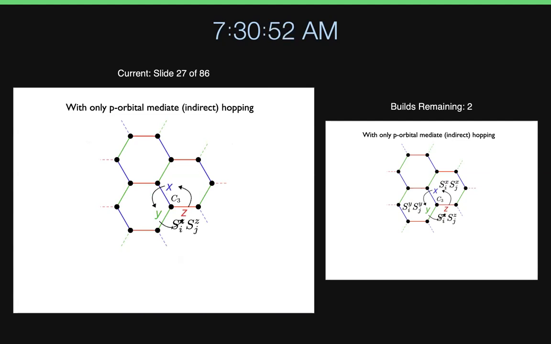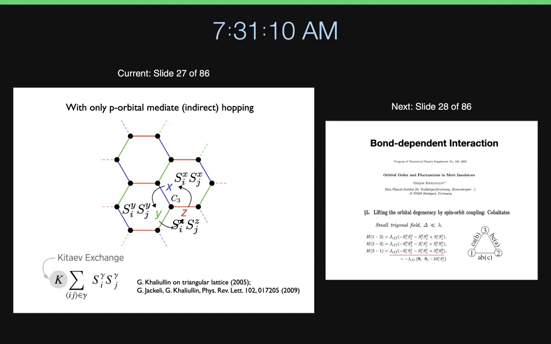So if I rotate out of the screen by 120 degrees, Z becomes an X, X becomes a Y. By doing so, one can get that the ZZ bond becomes an XX bond and this becomes a YY. So by looking at that process, we end up with the Kitaev interaction. So that is basically the microscopic way of getting the Kitaev interaction.